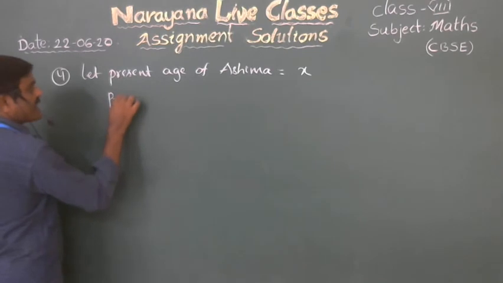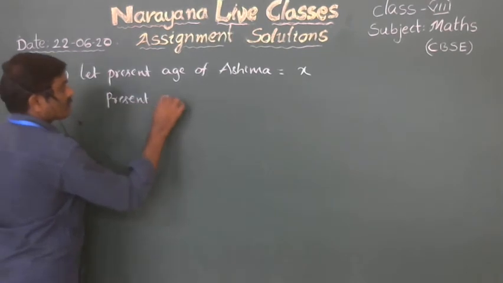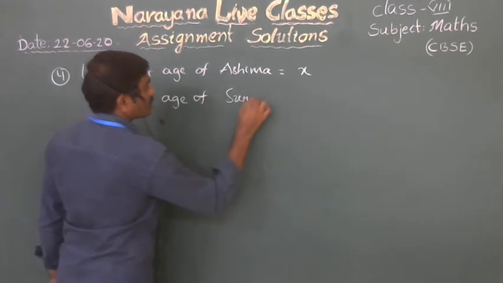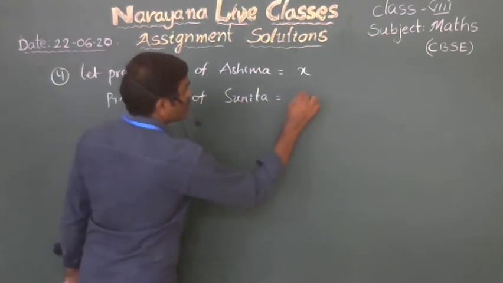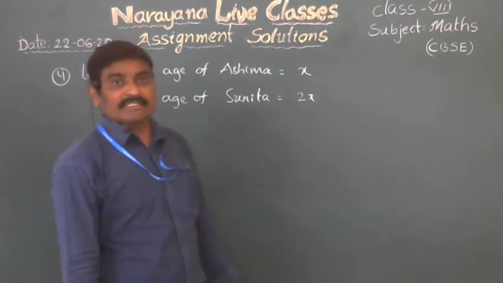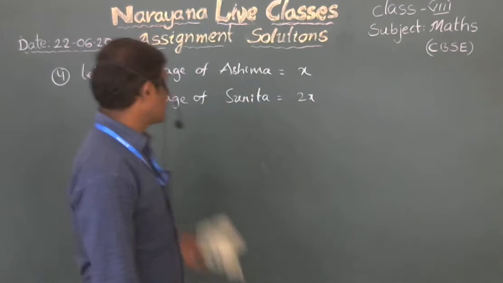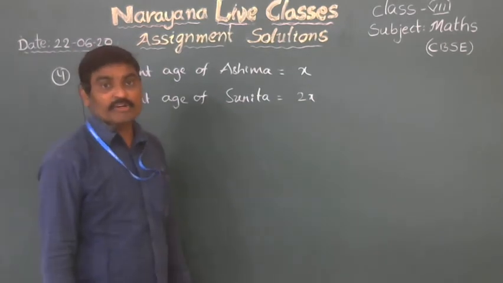Then the present age of Sunita is 2 times, since Sunita is twice as old as Ashima, so the present age of Sunita is 2x.